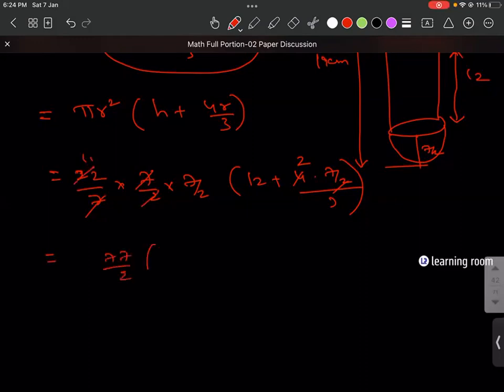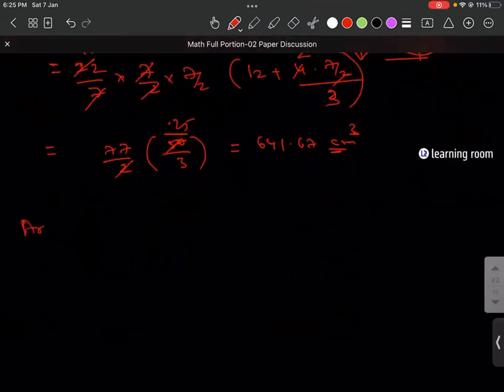So it is still 77 by 2 into 3 is 36. 36 plus 14 is 50. 50 divided by 3. This will cancel this 25 times. So 77 into 25 divided by 3. Let me check. So 641.6 bar. This should give you 641.67 centimeter cube.